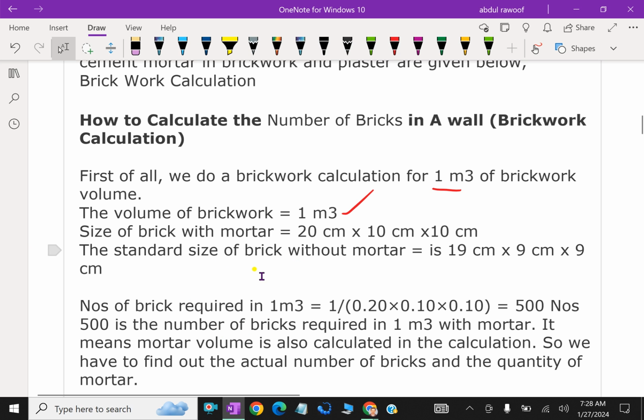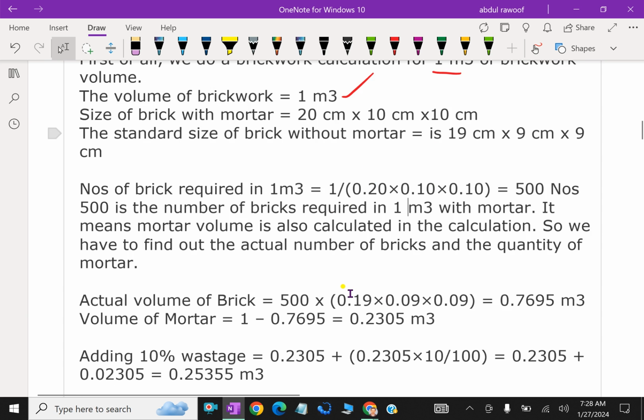The standard size of the brick without mortar: the length is 19 centimeter, thickness is 9 centimeter, and width is 9 centimeter, 1 centimeter less in length, breadth and height respectively.